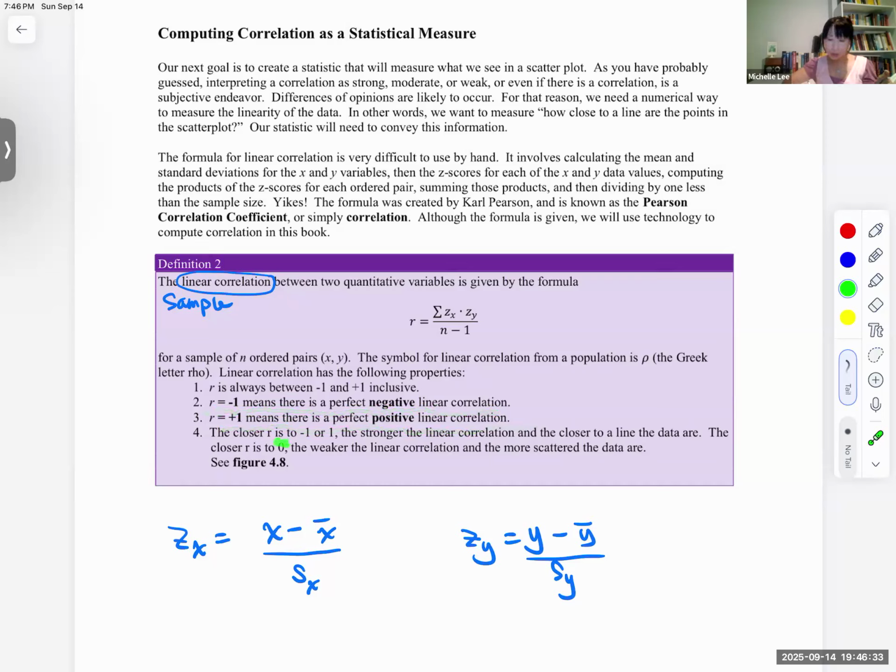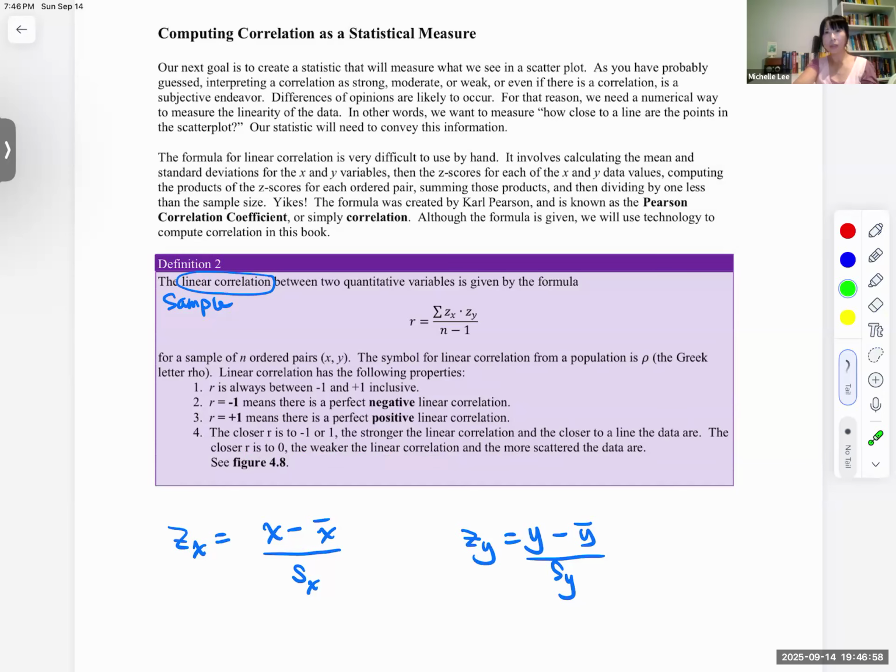And then when R is close to -1, then it's strongly negative. When R is close to +1, that's a strong positive linear correlation, right? When R is close to zero, there is a weak linear correlation, right?